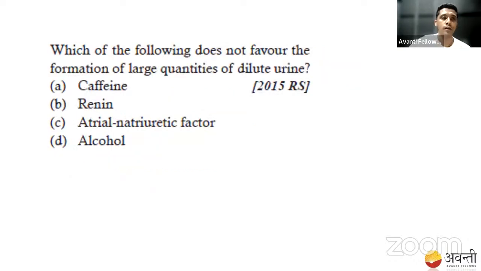So we have our next question. Which one of the following does not favor the formation of large quantities of dilute urine? Here are your options: caffeine, renin, atrial natriuretic factor, and the final option is alcohol. So let me launch the poll.